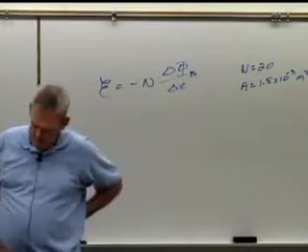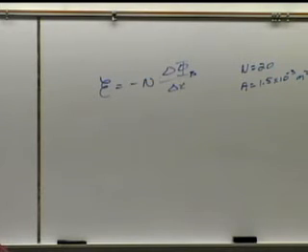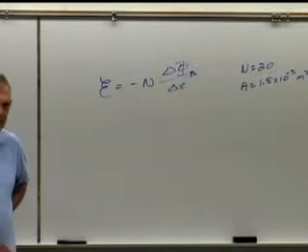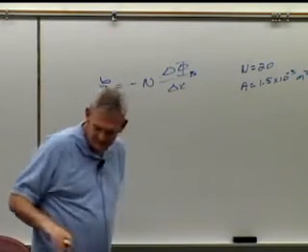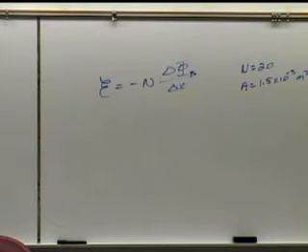A magnetic field is perpendicular to the surface of each loop at all times.